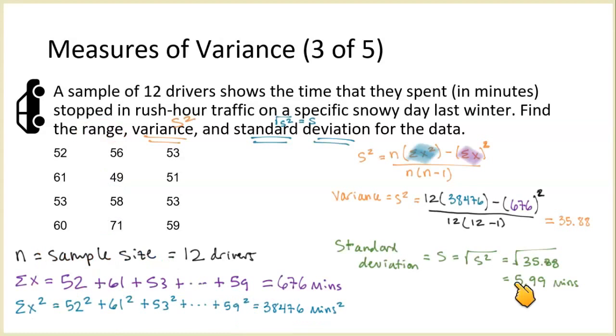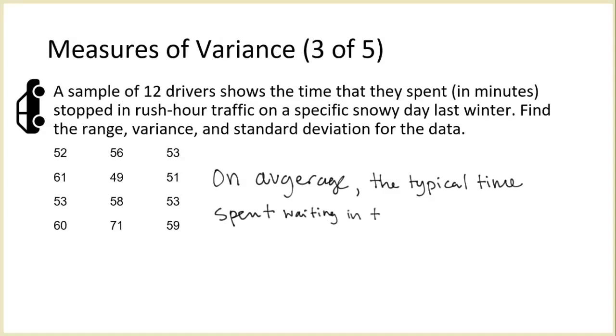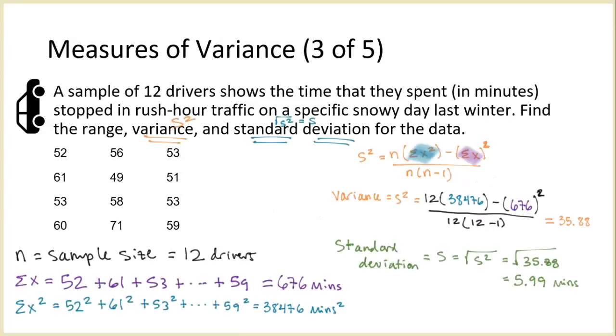Now, to interpret this value, what does this value represent? Well, the typical time spent in rush hour is going to vary about 5.99 minutes from the average time, and I calculated the average time. If we remember from before, we can take the 676 and divide it by 12, and that'll give us the average time.